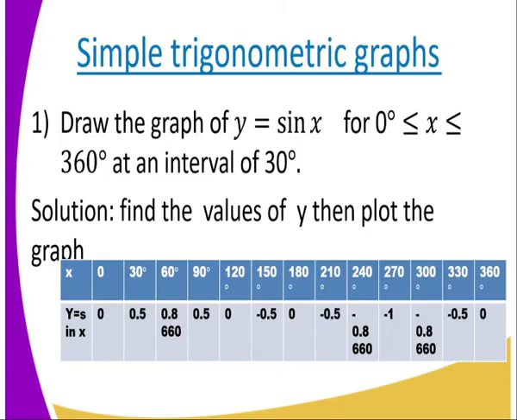From there, you just get the sine of 0, sine of 30, sine of 60 until you get to the 360. As you can see, the values are there.